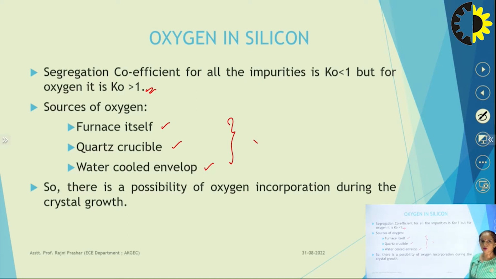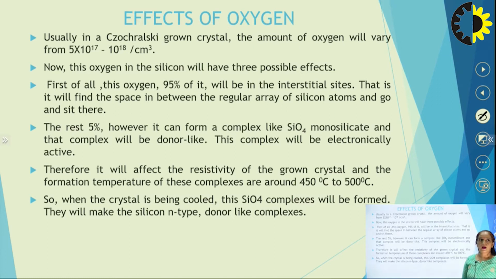So, there is a possibility of oxygen incorporation during the crystal growth process, and usually in CZ grown crystal the amount of oxygen varies from 5 into 10 raised to the power 17 to 10 raised to the power 18 per centimeter cube, and this oxygen in the silicon will have three possible effects.